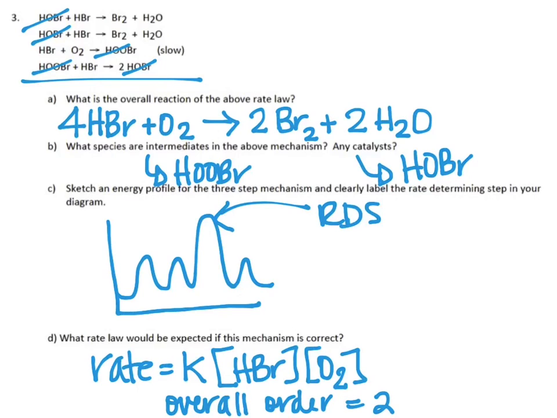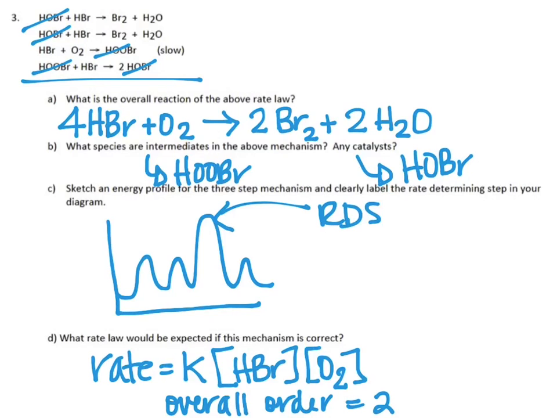If I take it to a first order, then if I double my concentration, my reaction is going to double. So it's proportional. If it's second order and I double my concentration, then my reaction is going to quadruple.